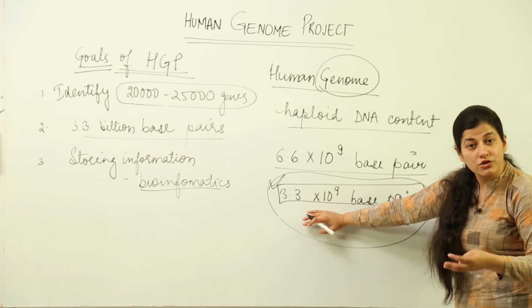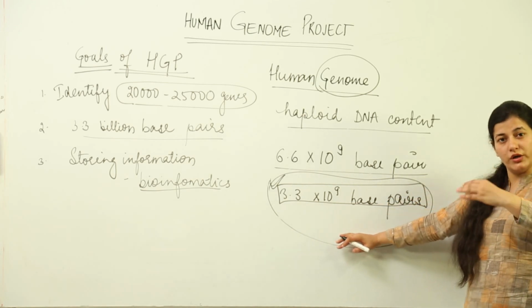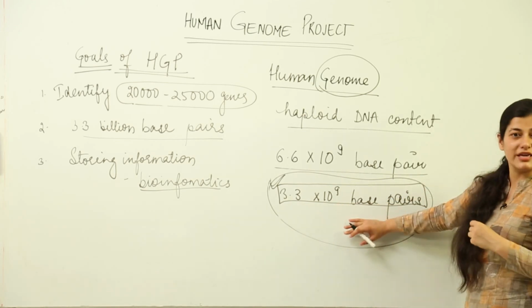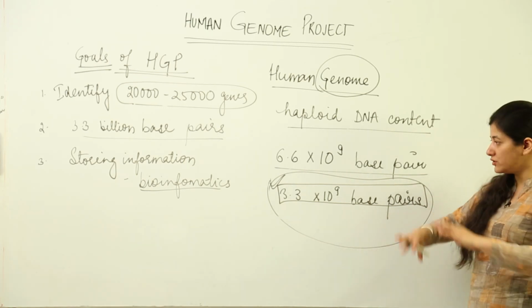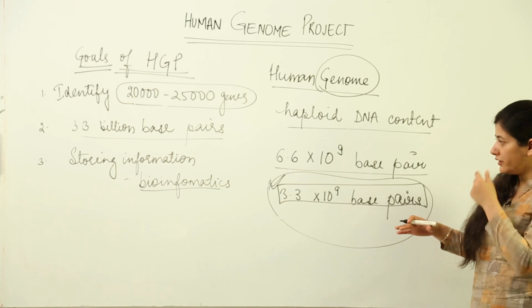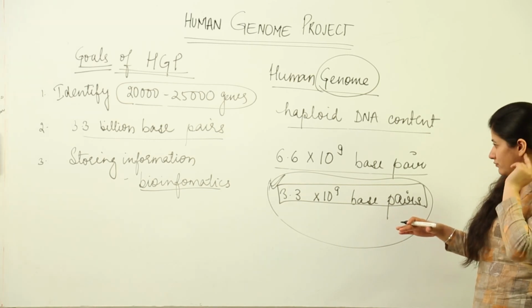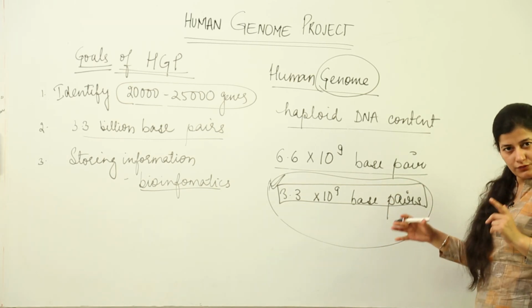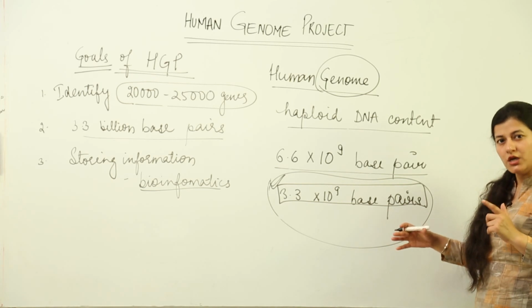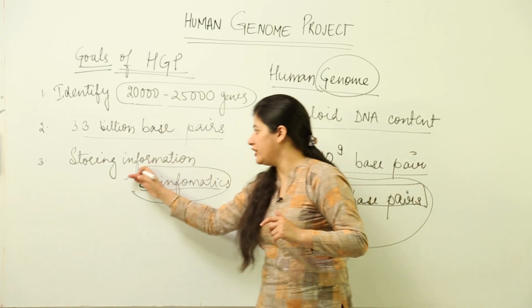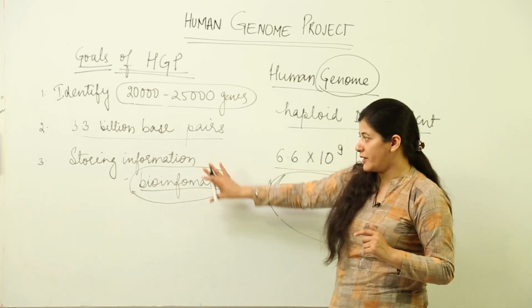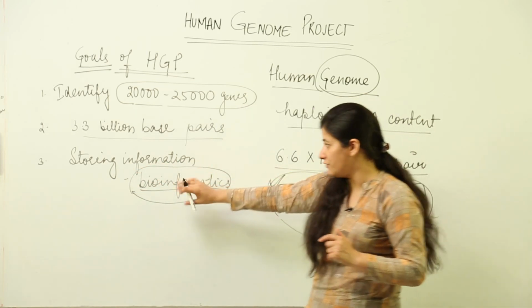So you can imagine finding out the coding sequences for these many base pairs and then storing them. It required a lot of databases, and many people from the IT field had to be involved using their knowledge about supercomputers. So it gave a new field known as bioinformatics because it aimed at storing the information.